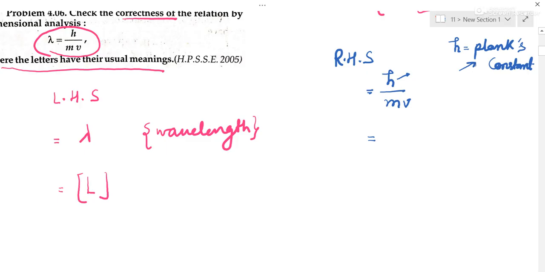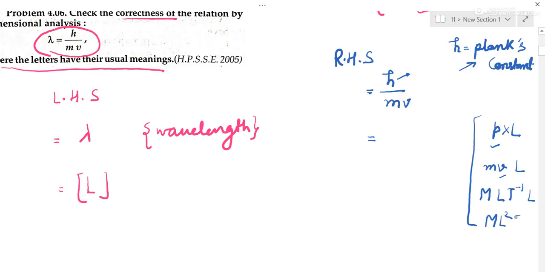If you are not able to recall, then just remember angular momentum is linear momentum into distance. Linear momentum is mass into velocity into distance. Mass is m, velocity is distance upon time, that is t minus 1 into L. So it is mL2t minus 1.